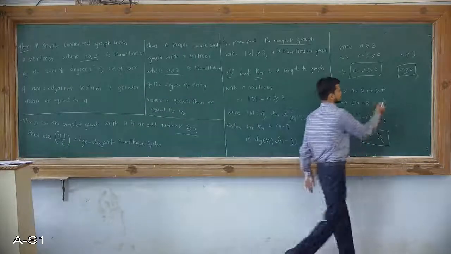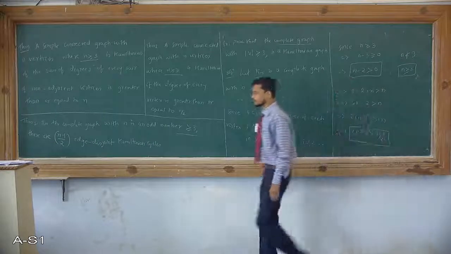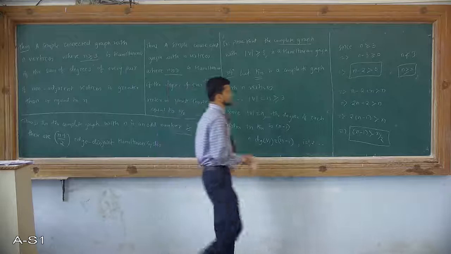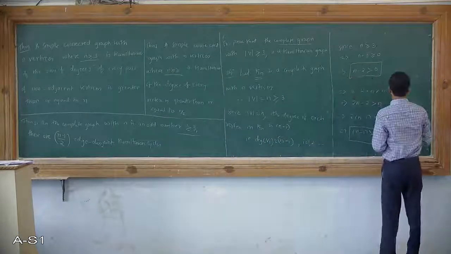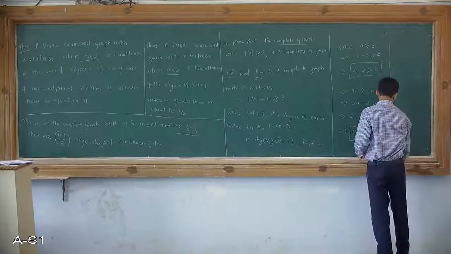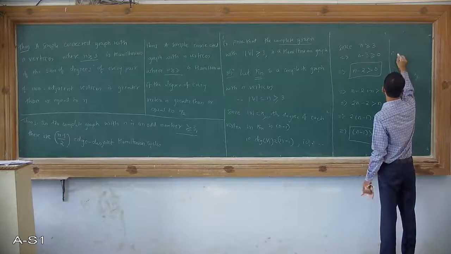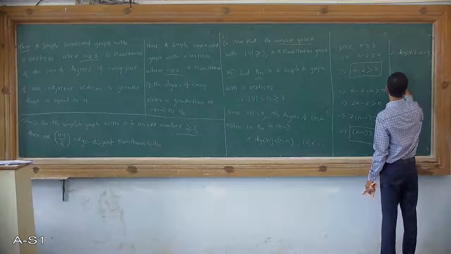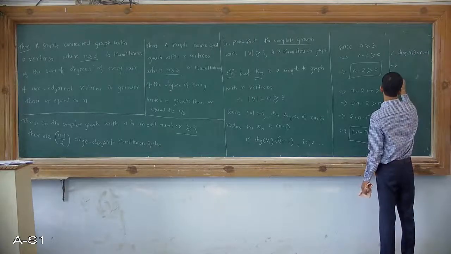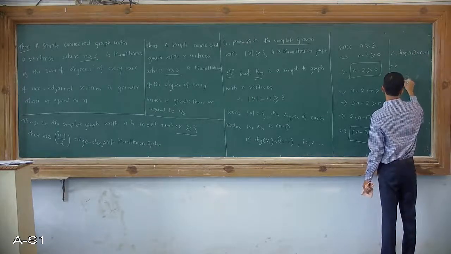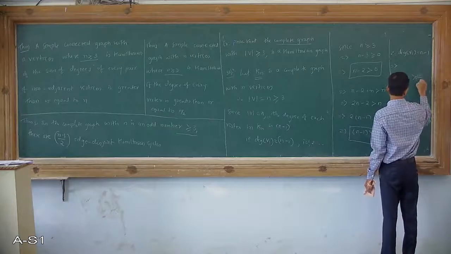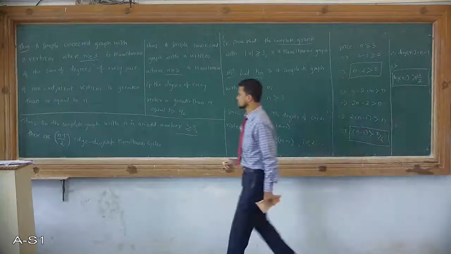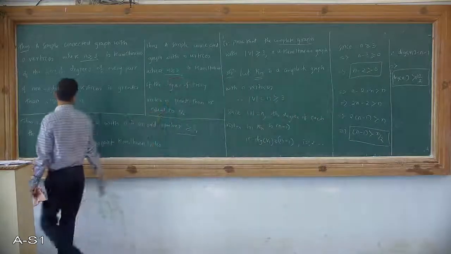So the degree of each vertex is equal to n minus 1, which implies the degree of each vertex is greater than n by 2. Now we need to see which theorem holds good for this.